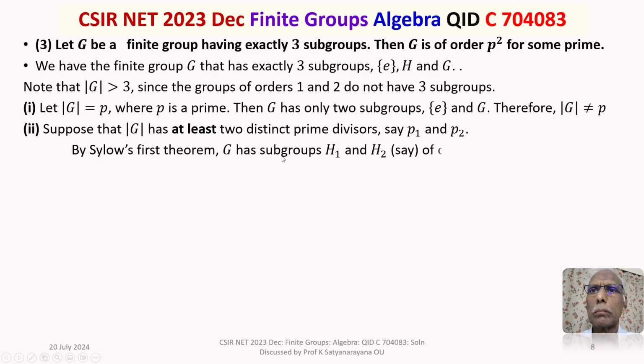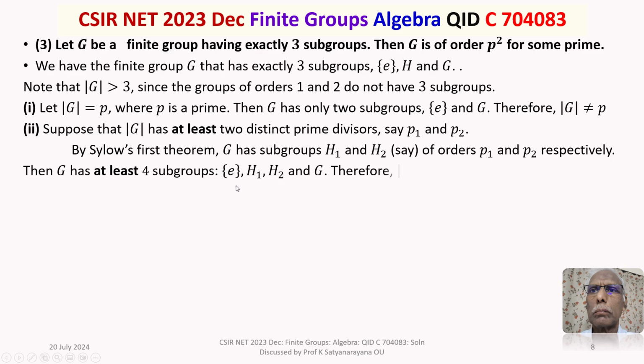Therefore, G has subgroups, say H1 and H2, of orders p1 and p2 respectively. The trivial subgroups are already there: the subgroup containing the identity element alone, and the whole group G. Now we have two more subgroups, H1 and H2. So it will have at least 4 subgroups: the identity alone, H1, H2 and G. Therefore, the order of G does not have 2 distinct prime divisors.